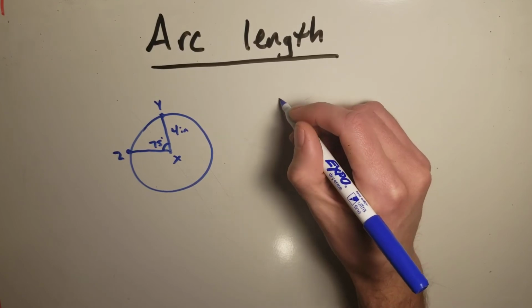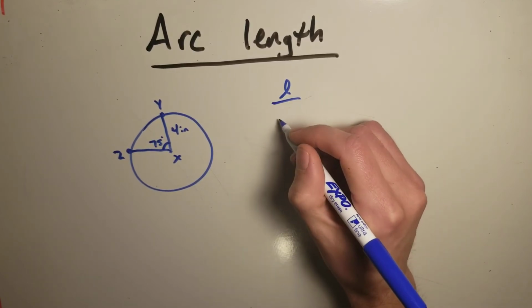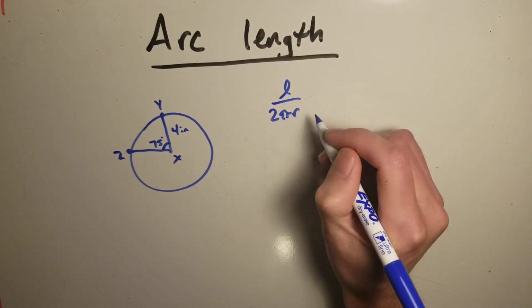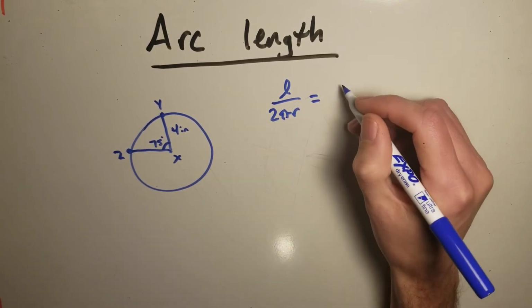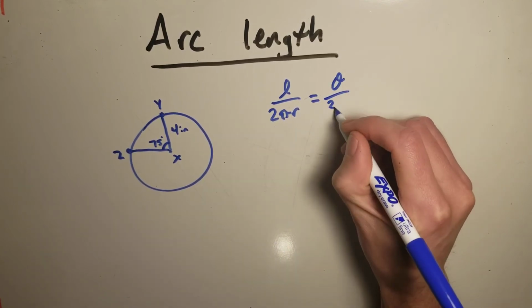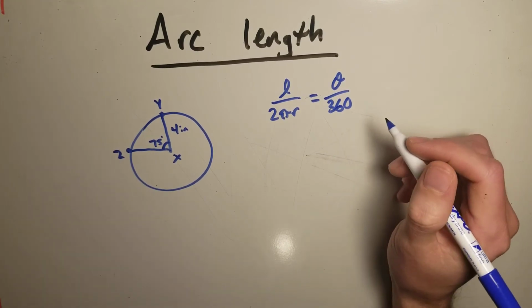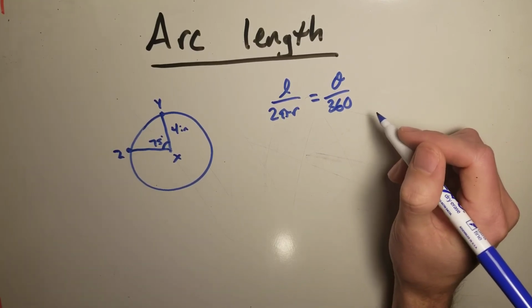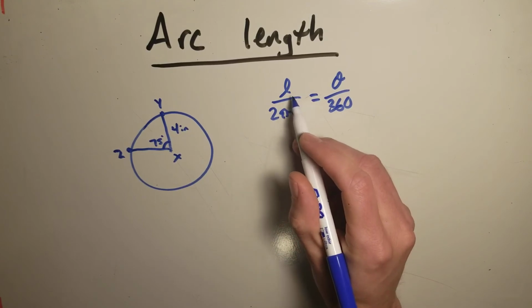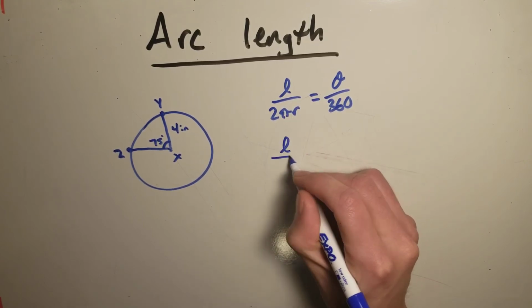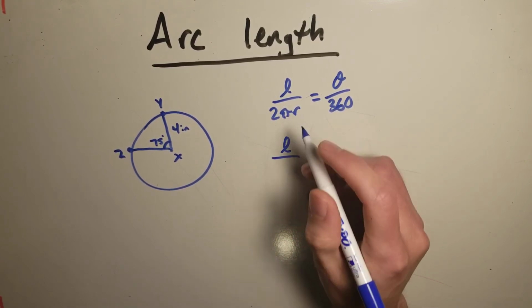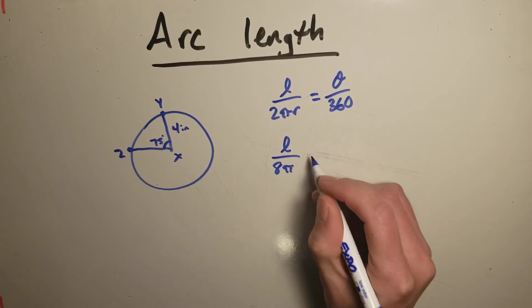So if we use that proportion, the length over the circumference, 2 pi r, is equal to the central angle over the 360. They're in the same ratio here. Then we can substitute in and calculate what we know. So our length is what we don't know, so we have L. We have 2 times the radius, so we're going to have 8 pi down here.